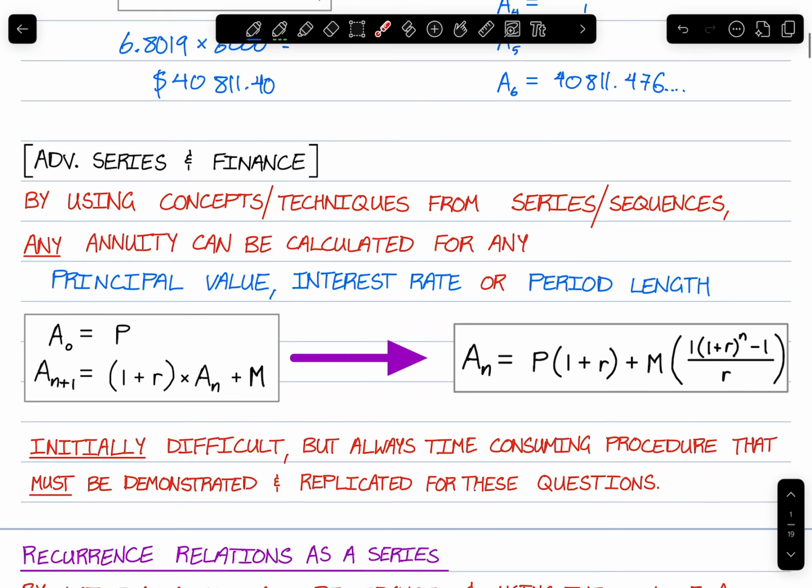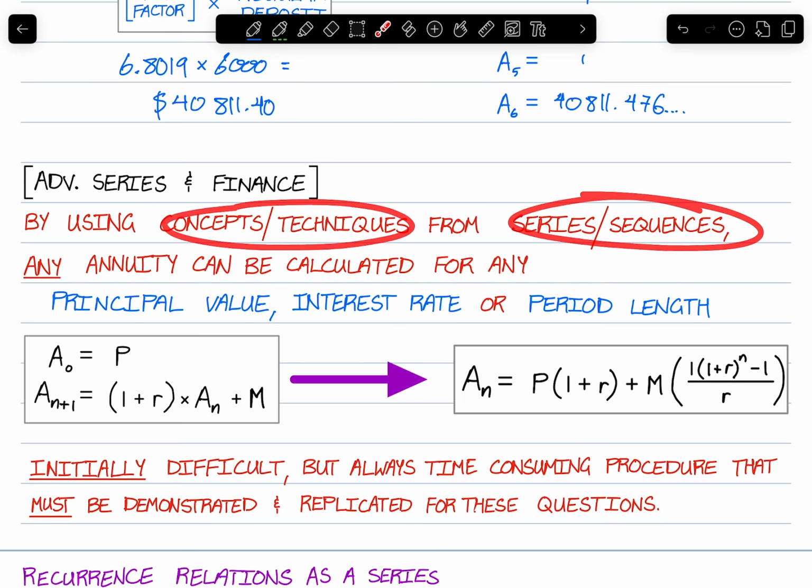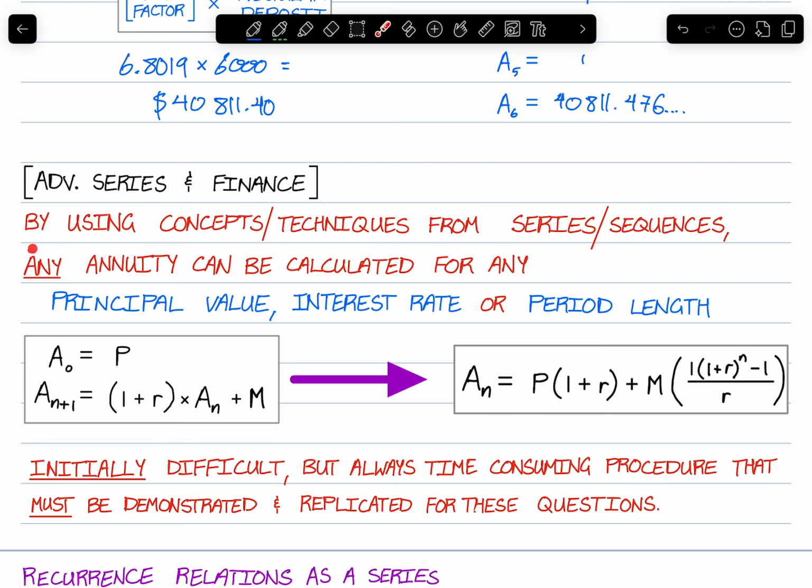Now for the advanced level, we're moving into using series to make sense of what we are doing. So we're going to be using concepts and techniques from series and sequences. We can do this on any annuity for any principal, interest rate, or period length.